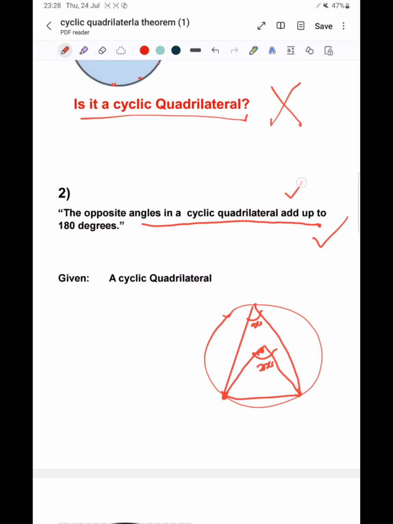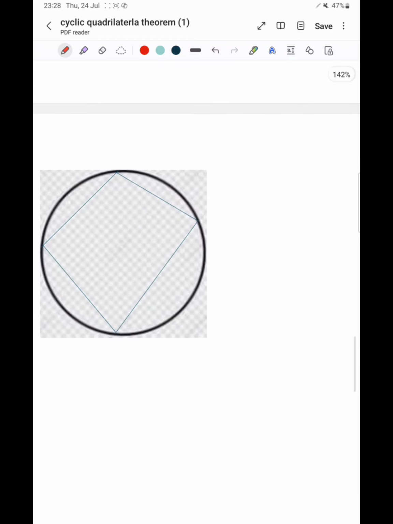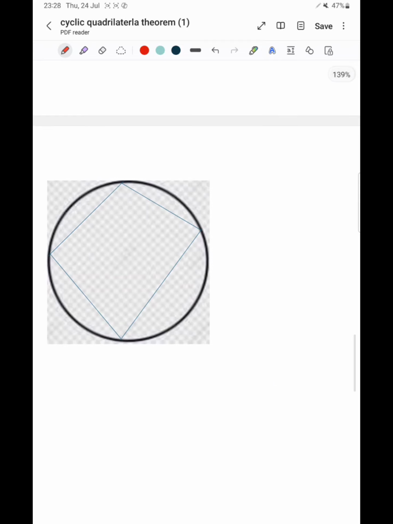For proving this theorem, we should be given a cyclic quadrilateral. So here is our cyclic quadrilateral, and I am going to name the vertices.